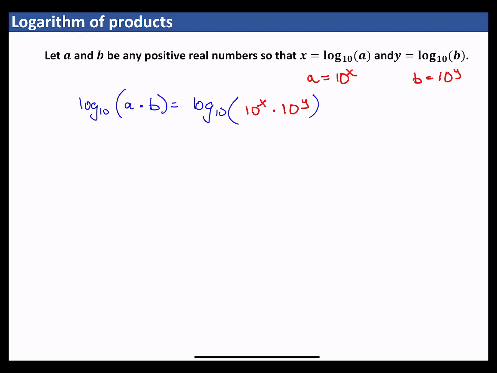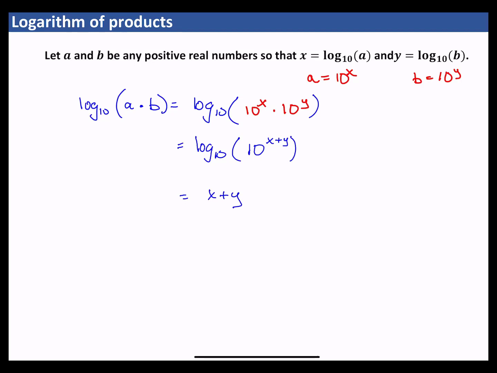And by exponent rules, we know that log base 10 of 10 to the x times 10 to the y equals log base 10 of 10 to the power of the quantity x plus y. And because the base 10 logarithm and powers of 10 function are inverses, we can simplify to log base 10 of 10 raised to the power of x plus y equals x plus y.